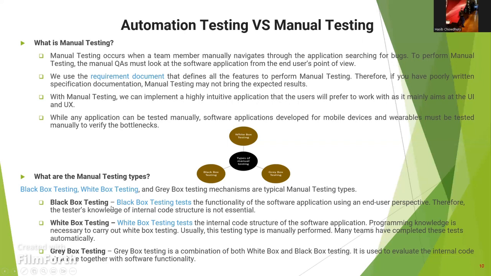If you're doing any automation testing, it is under white box testing. And if you're using manual and automation together, it is gray box testing, like when you write manual test cases and then convert them into automation test cases.